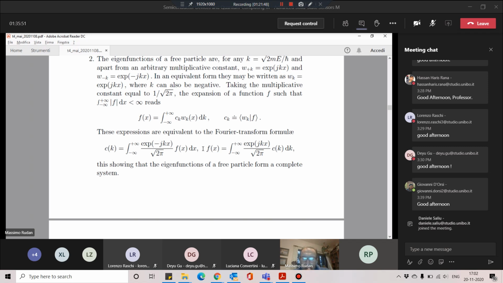In all cases, the result is a set of eigenfunctions that are mutually orthogonal, normalized to one, and complete. Okay, so we shall exploit very much these properties for the calculations.